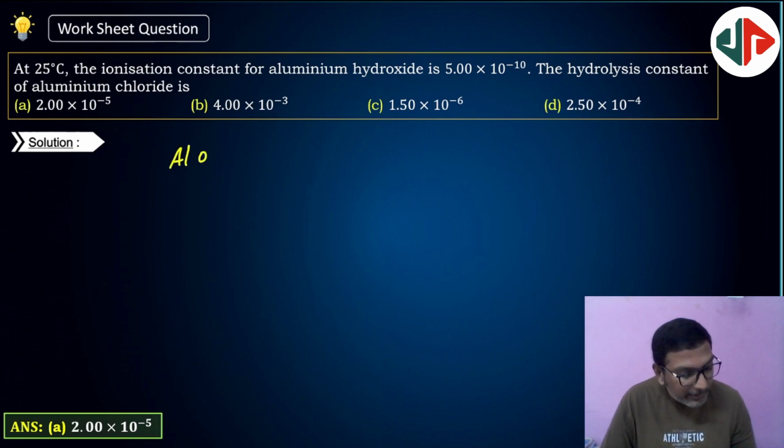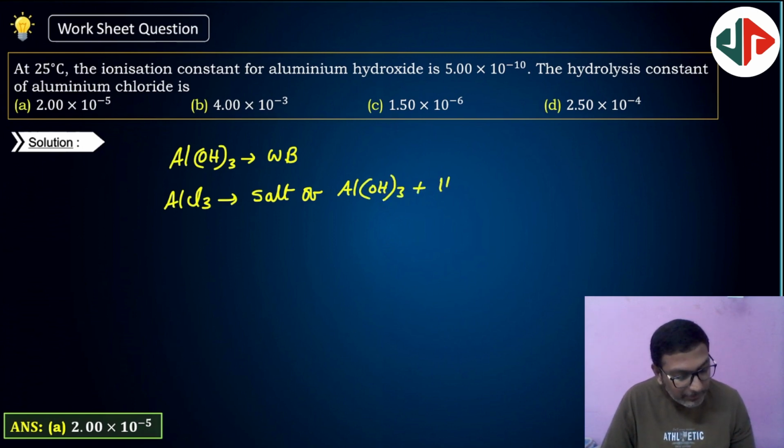So aluminum hydroxide is a weak base and AlCl3 is a salt of Al(OH)3 plus HCl, which is a weak base and a strong acid.